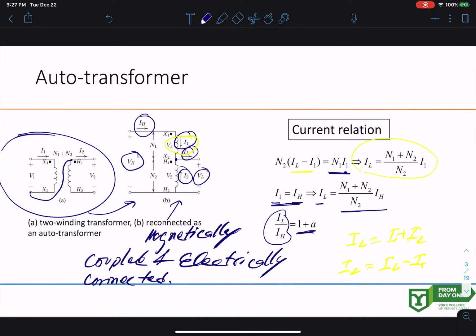A is the turns ratio between the two coils, N1 and N2, right? So that is the high side and low side current relationship between them. IL over IH will be 1 plus A. All right, so let's go back to the voltage relation here.